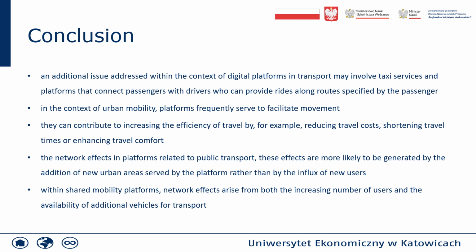Within shared mobility platforms, network effects arise from both the increasing number of users and the availability of additional vehicles for transport. Research in this area could also focus on issues related to the locality of generated network effects, the strength of effects produced by new users, vehicles or areas, as well as the network value.